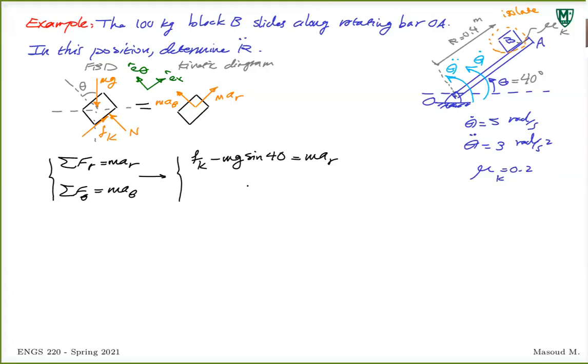All right, we get N minus, here's a consensus, between Sama and Connor, they both agree. N minus mg cosine 40 degrees, right, is equal to MA theta. That's pretty much it, all the forces, and then you have the components of acceleration. Let's look at those now separately.